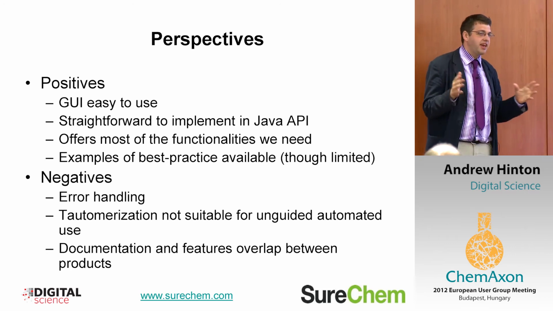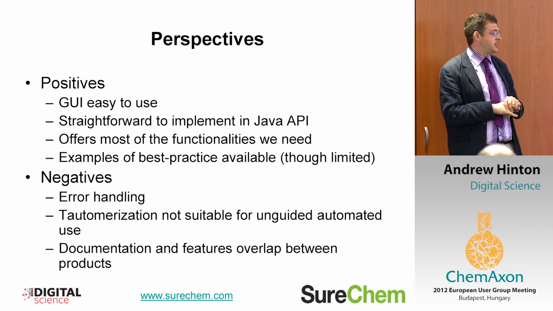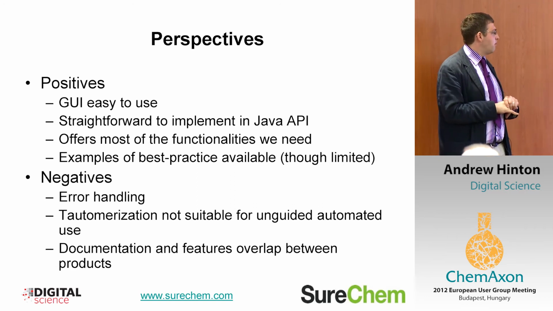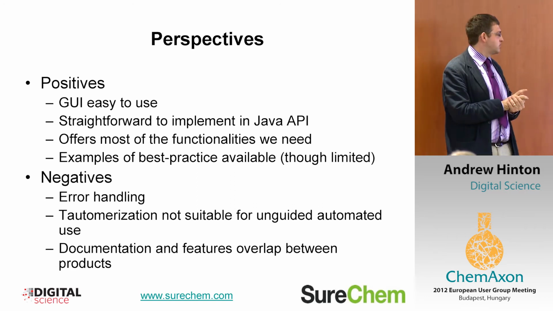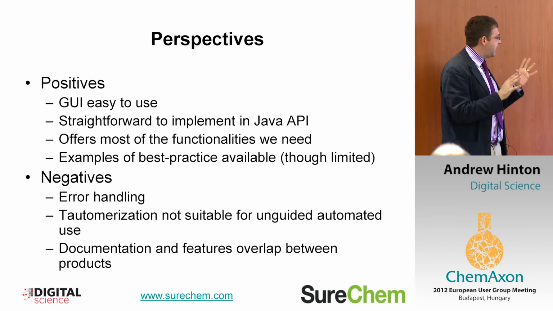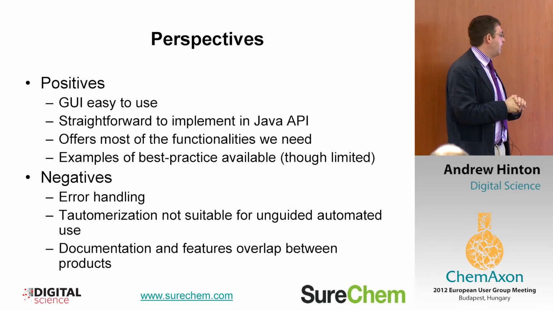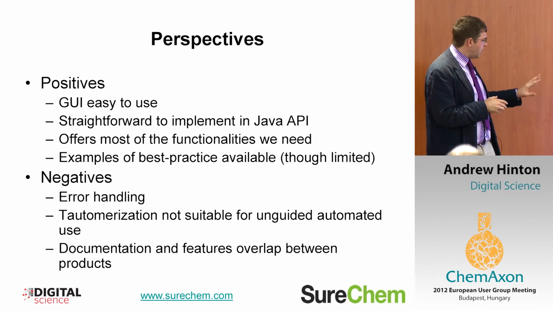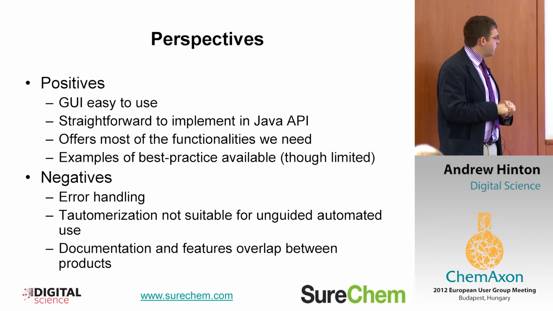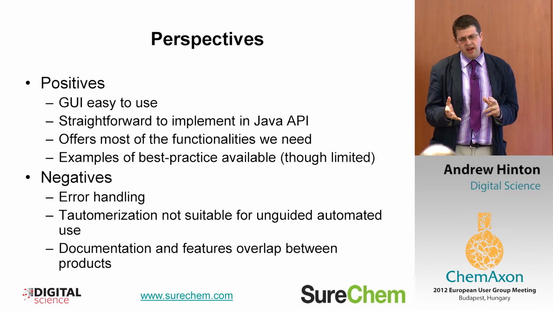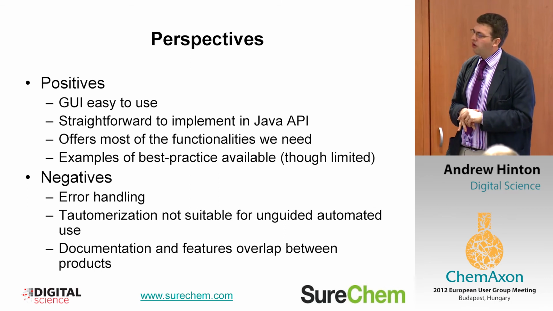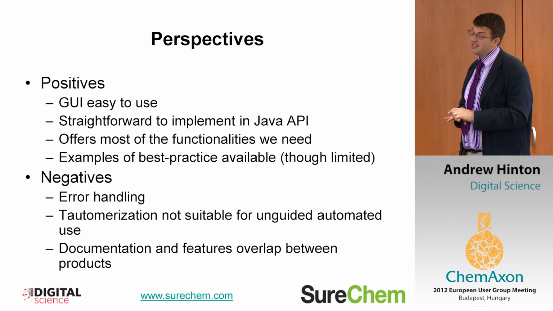It was a little bit flaky. We had lots of crashes at the beginning, but when we got to grips with it, those errors tended to become fewer and fewer. One of the issues that we did come across was the tautomerization that is available on Standardizer, I think it is.